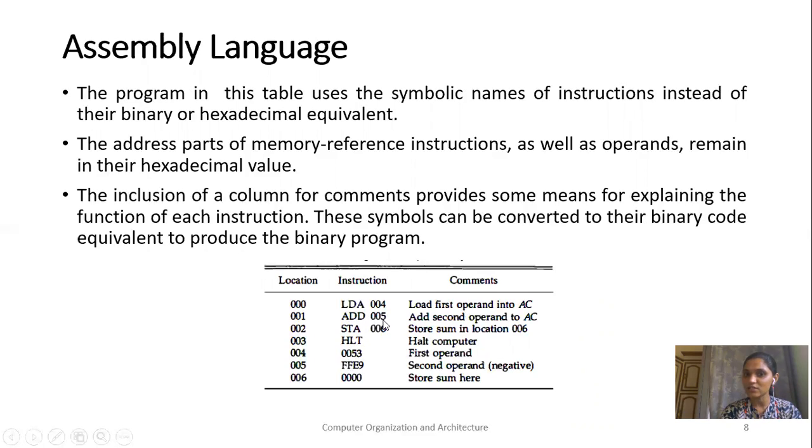In the second instruction, the operand at that address is added into the accumulator. Then the result is stored at location 006 by the STA instruction, and with the halt instruction your program is stopped. So here you can write your program like this.